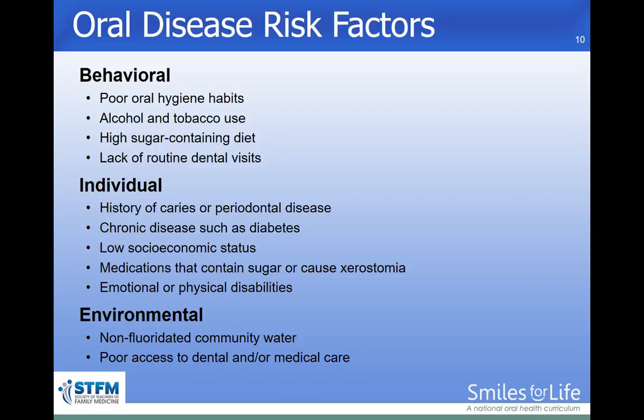Individual factors could be a history of caries or periodontal disease, having another chronic disease such as diabetes, having low socioeconomic status, taking medications that contain sugar or cause xerostomia, and emotional or physical disabilities which prevent them from being able to maintain the behavioral factors. Environmental: they could not have access to fluoridated community water and poor access to dental or medical care.